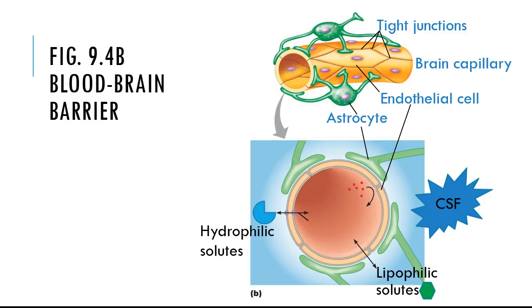You would not find them in the cerebral spinal fluid. They would stay in the blood because they are too big, and they don't have a transporter. So those larger hydrophilic substances, like proteins, they just stay. So I have a big blue protein. It's like rejected. Boom. You're too big. Keep on going through. Does that make sense?